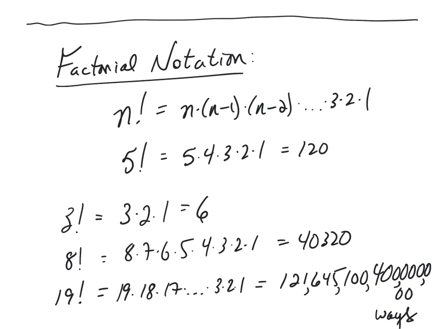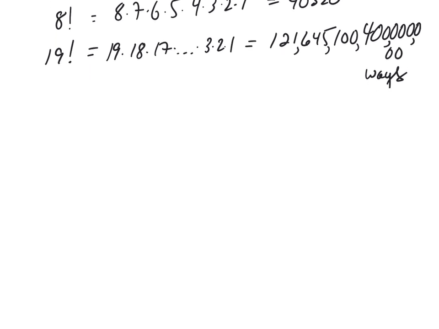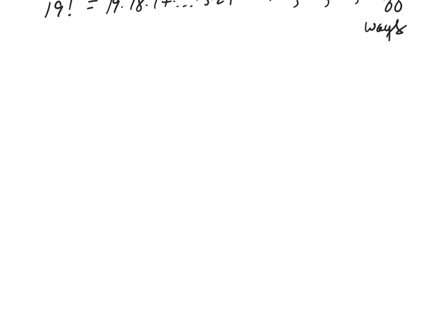Okay? Now, we don't always want to use everybody in a class to line up at a door, or arrange in order everybody in a group. Sometimes we just want to select a smaller group from our class and arrange them. When we want to select a smaller group and arrange them, we call that a permutation.